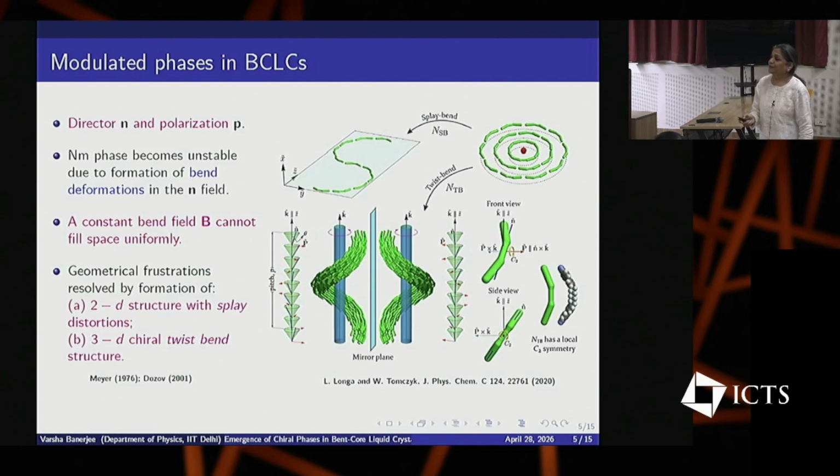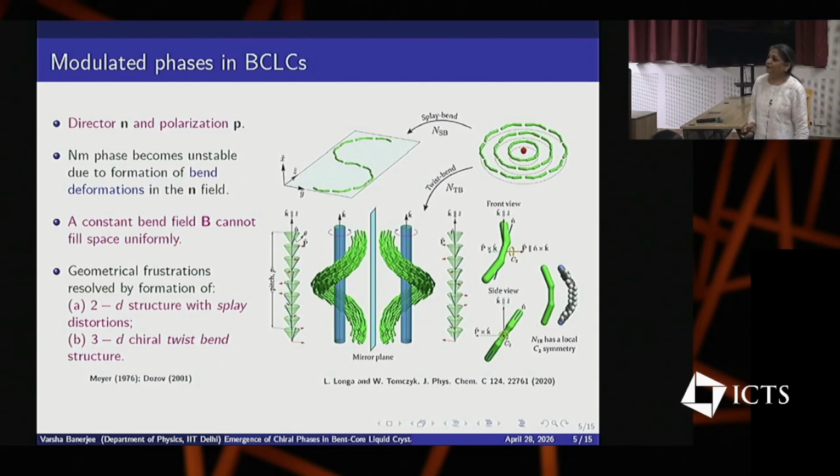Because of the curvature, the nematic phase becomes unstable due to the formation of bend deformations in the N field, and a constant bend field cannot fill the space uniformly. So there are geometric frustrations, and these are resolved by the formation of what are called splay distortions in 2 dimensions, so that's a splay distortion in the xy plane, for example.